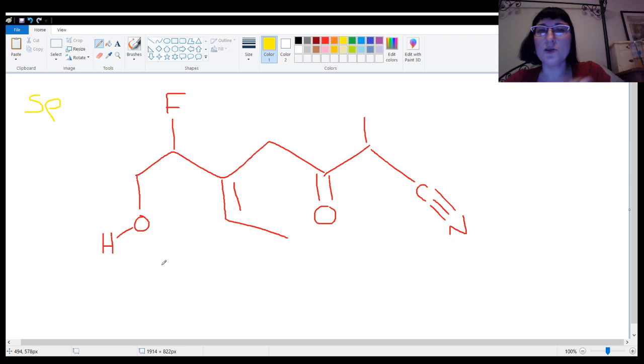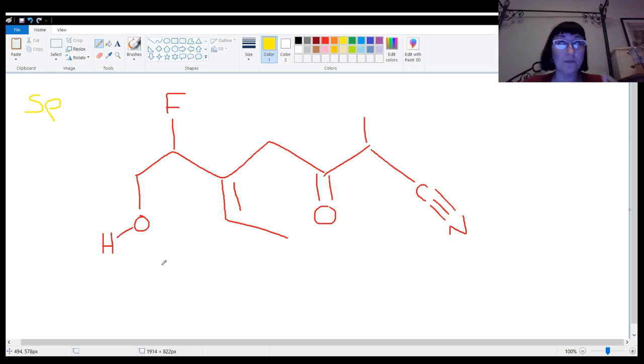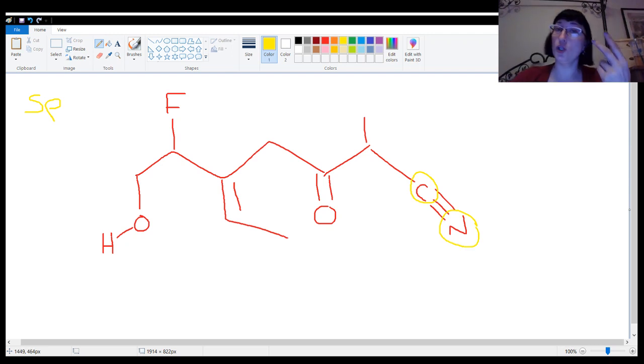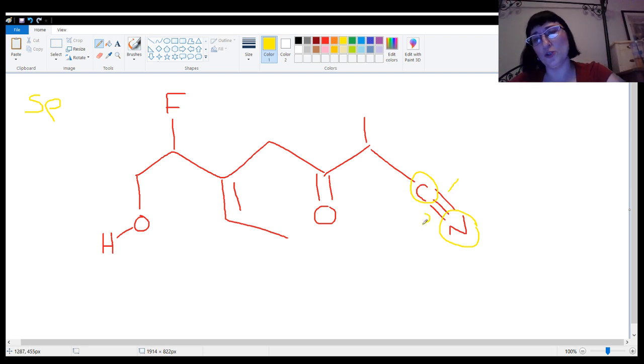So sp hybridized, the way I look for that is I look for any atom that has 2 pi bonds. This carbon has 2 pi bonds and the nitrogen has 2 pi bonds. I don't know if you want to number them 1 and 2. You can if you want, if that helps your brain.